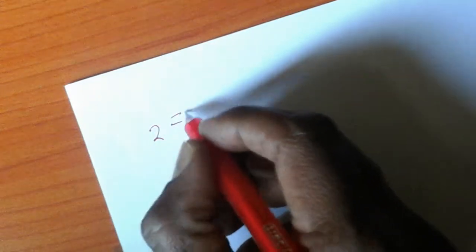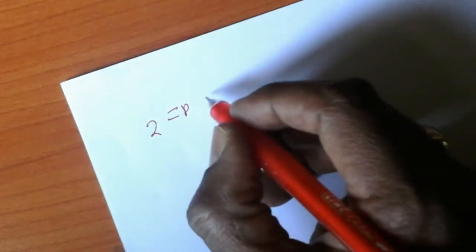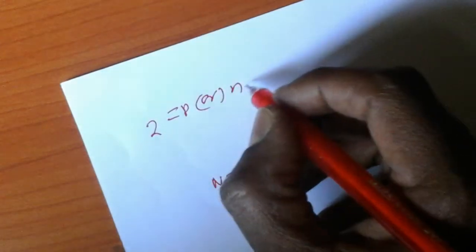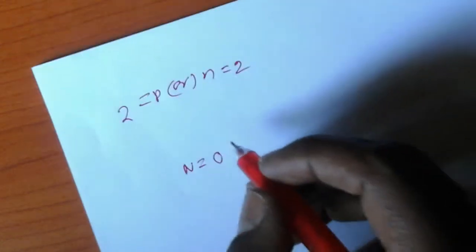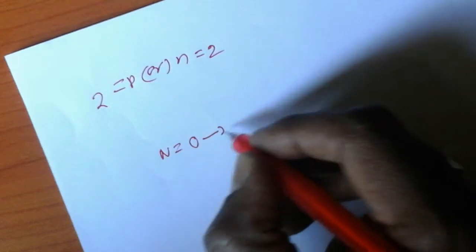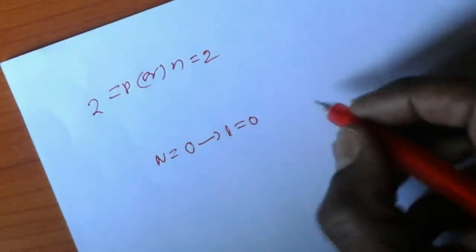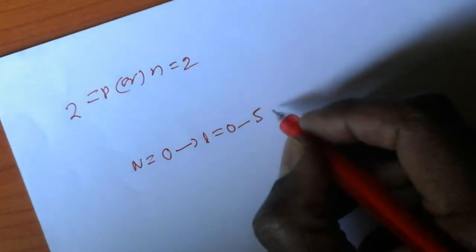So if the proton number is 2, or the neutron number is 2, then n is equal to 0. If n is 0, then l is equal to 0. When l is equal to 0, it shows an s orbital.